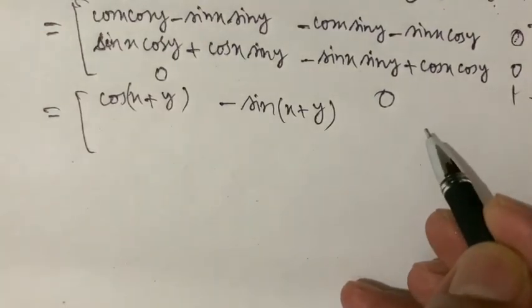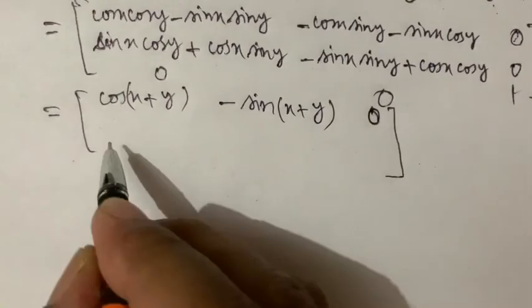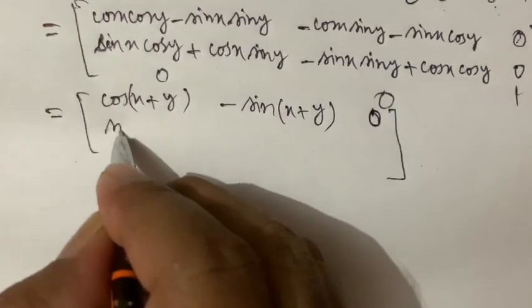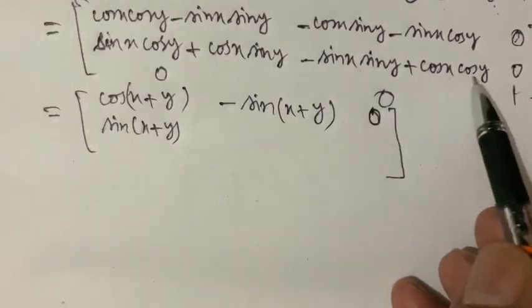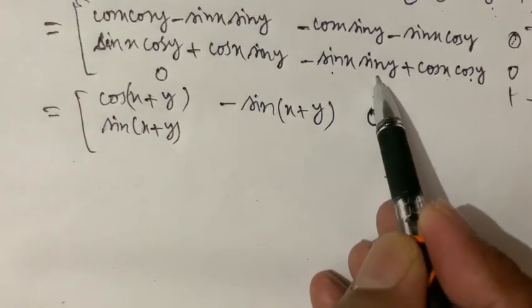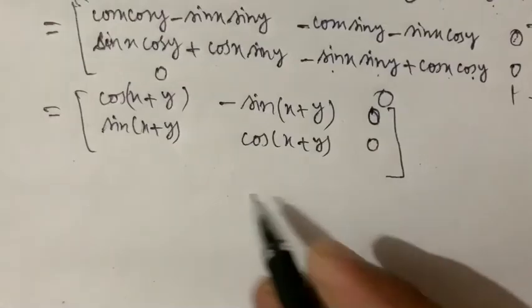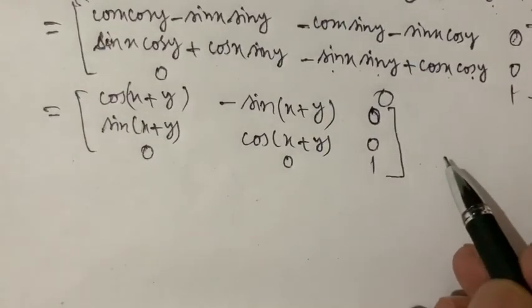Then we will have 0 there. Then we have sin x cos y plus cos x sin y, so it will be sin(x plus y). And then we will have cos x cos y minus sin x sin y. It is cos(x plus y). Then we have 0. Now 0, 0, 1 is there.